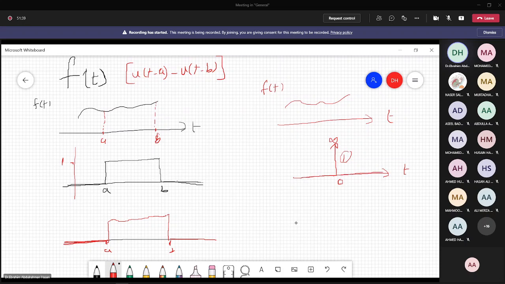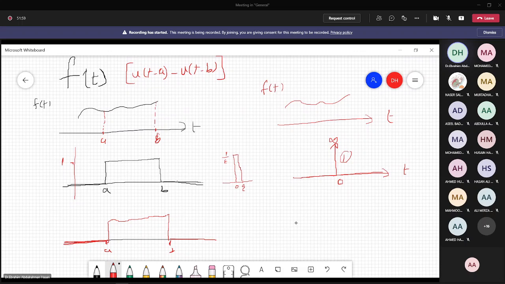What is delta t? Delta t, as we said, is something similar to this. The width is equal to epsilon, and the height is equal to 1 over epsilon.